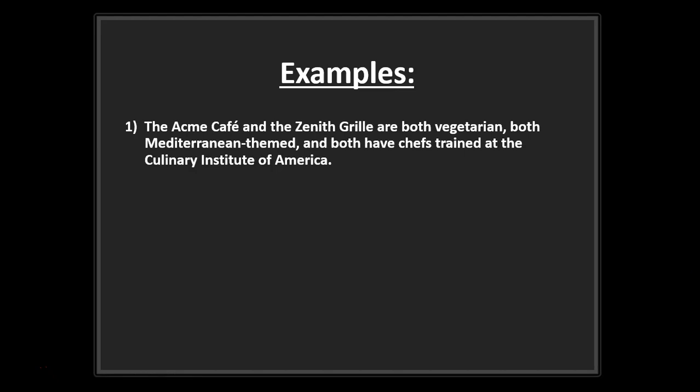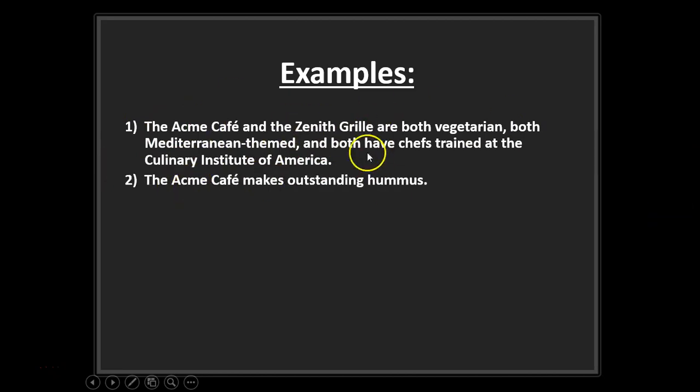The Acme Cafe and the Zenith Grill are both vegetarian, they're both Mediterranean themed, and they both have chefs trained at the Culinary Institute of America, right? So I've got these two places that share all these similarities. And in addition, I know that the Acme Cafe makes outstanding hummus, just great hummus.